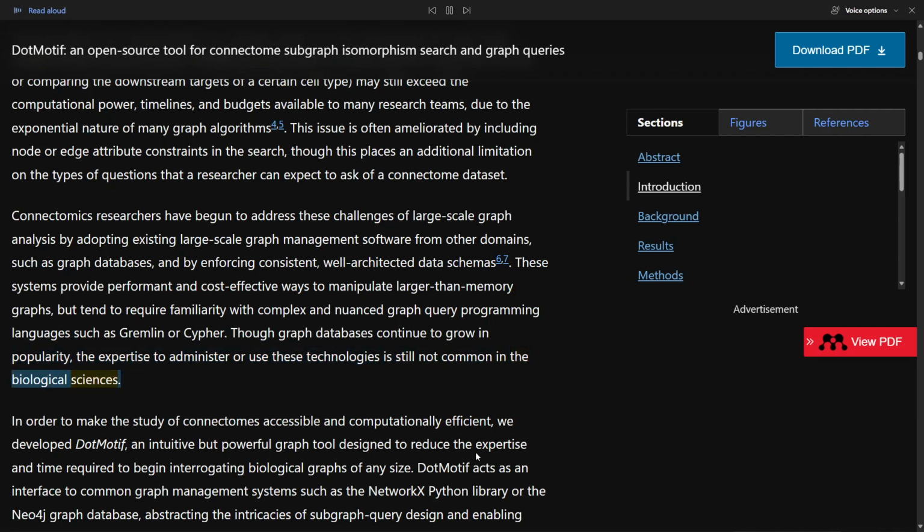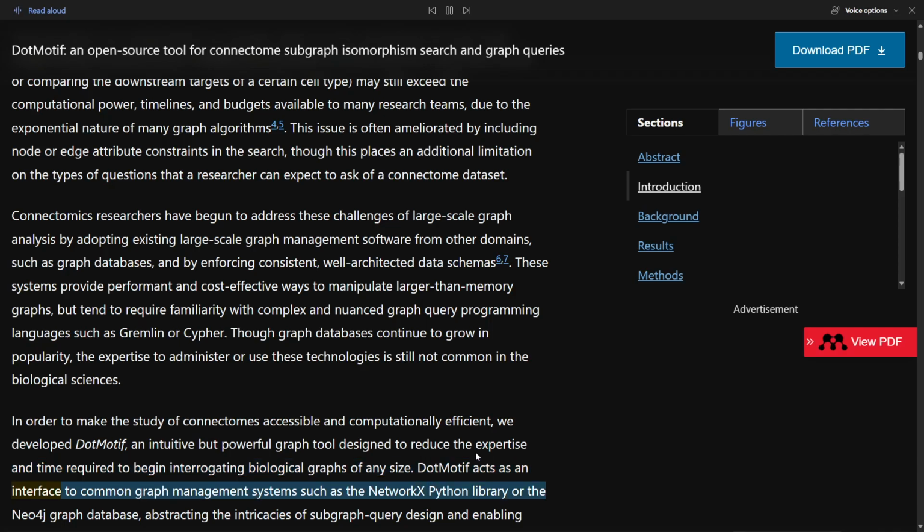Though graph databases continue to grow in popularity, the expertise to administer or use these technologies is still not common in the biological sciences. In order to make the study of connectomes accessible and computationally efficient, we developed DotMotif, an intuitive but powerful graph tool designed to reduce the expertise and time required to begin interrogating biological graphs of any size.